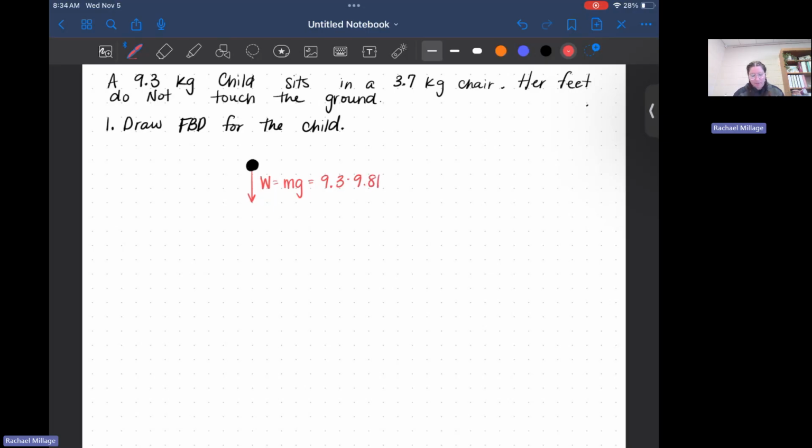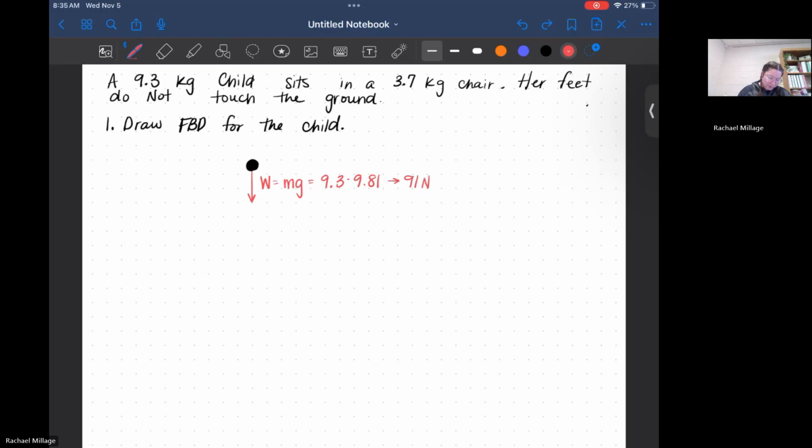Again, it's not negative because we're already giving it that negative by saying it's a downward force. 9.3 times 9.81 is going to be 91 newtons. 91 because sig figs, I have 2 sig figs, so my answer also needs to be 2 sig figs.